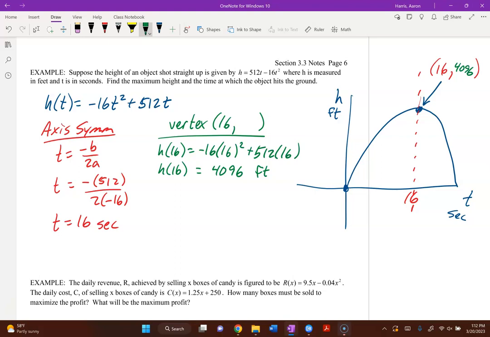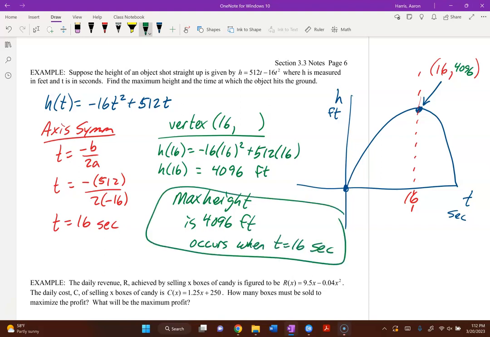You should get 4,096 there. So that's our maximum height, right? So the max height is 4,096 feet, and it occurs after 16 seconds, right? Occurs after 16 seconds. Any issue with that?